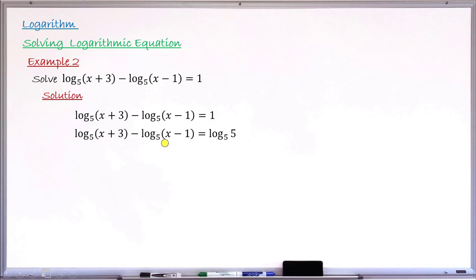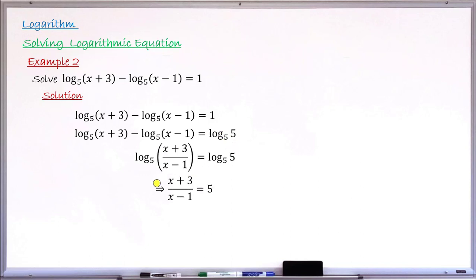This log minus this log, so I can now factor log to base 5 outside. That will give me open bracket after log to base 5, then I will now take this divided by the second bracket. So as these logarithms are equal, surely the numbers must be equal. That is, what is in this bracket must be equal to this number 5. Let me just equate them.